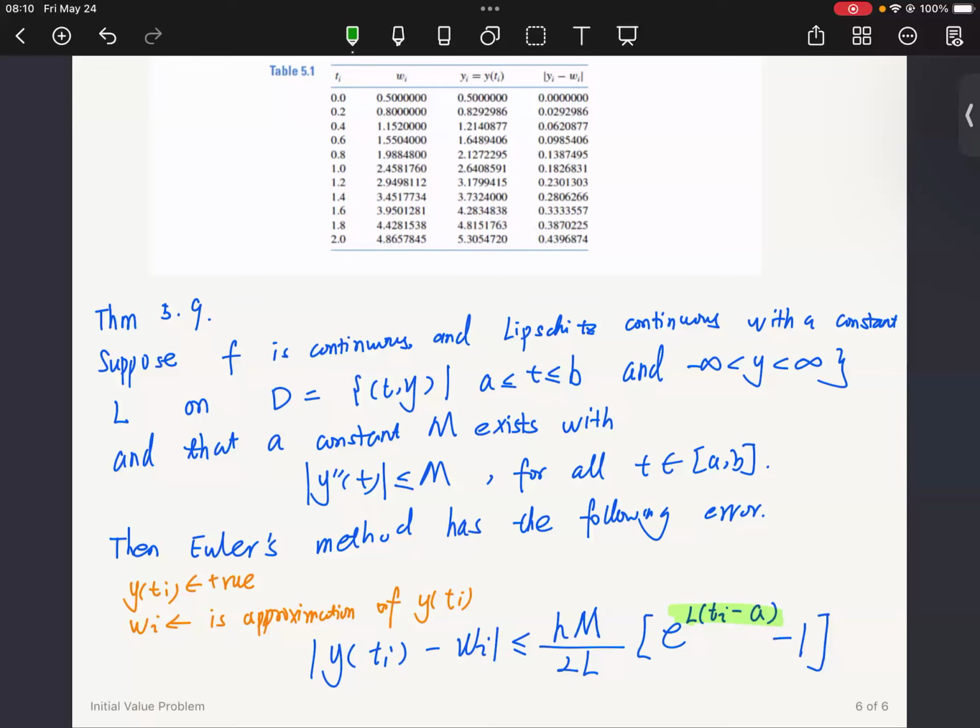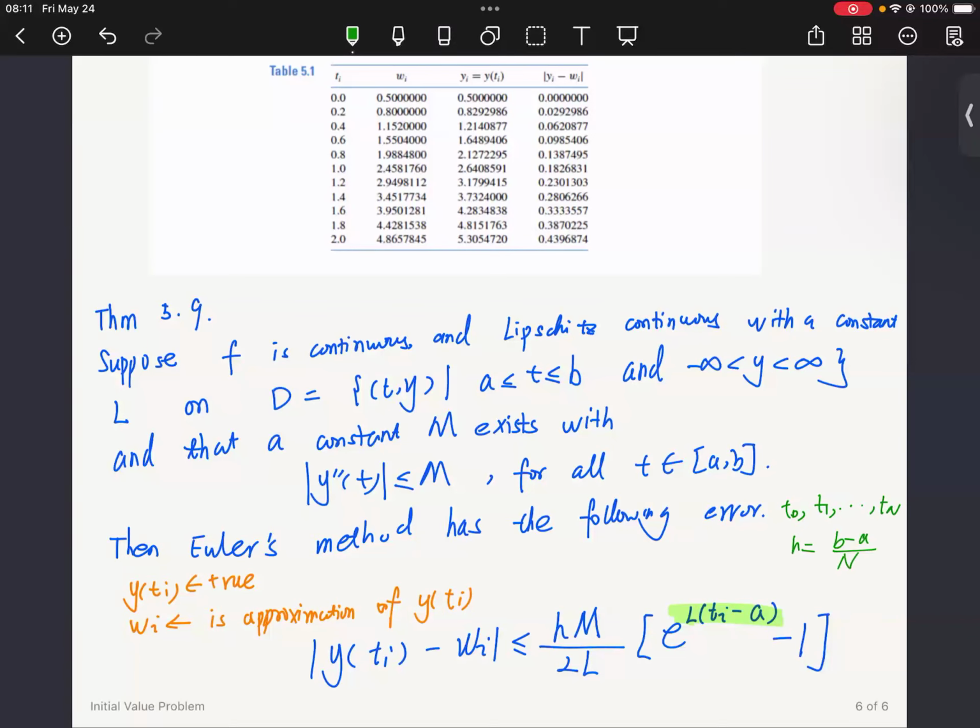Let's say you have n nodal points, t0, t1, up to tn, equally distributed throughout the interval [a, b]. Then your step size h is (b minus a) divided by n.